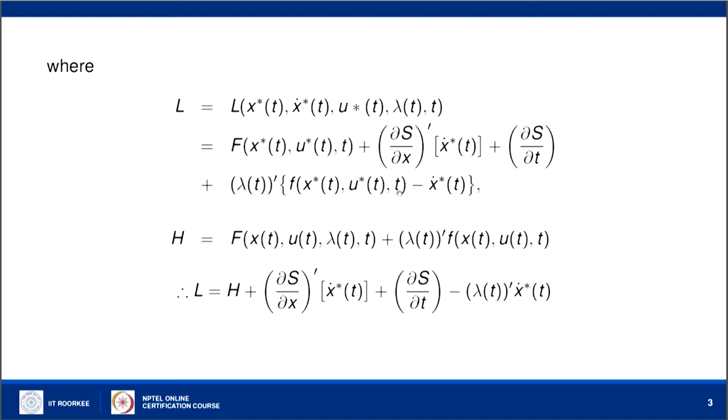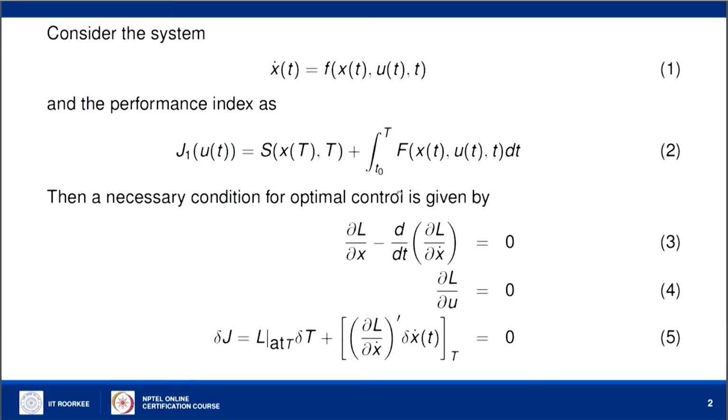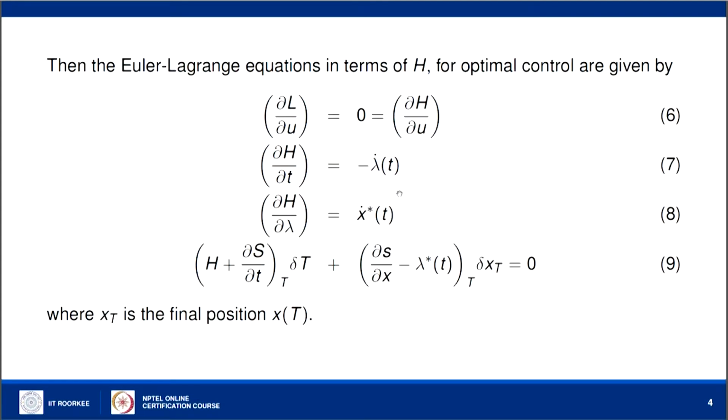Now, the Euler-Lagrange equations 3 and 4, if we convert them in terms of the Hamiltonian H, are given by this expression: del L by del u equal to 0 is the same as del H by del u.